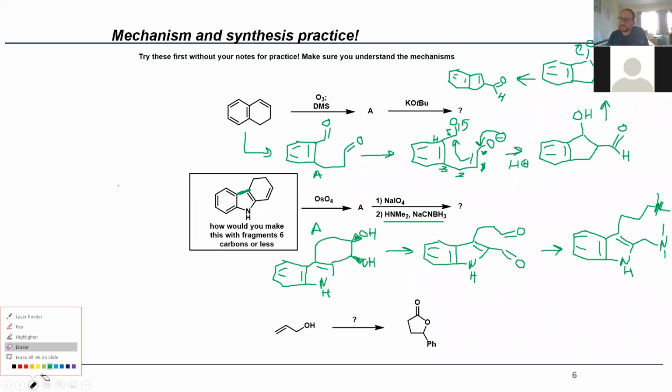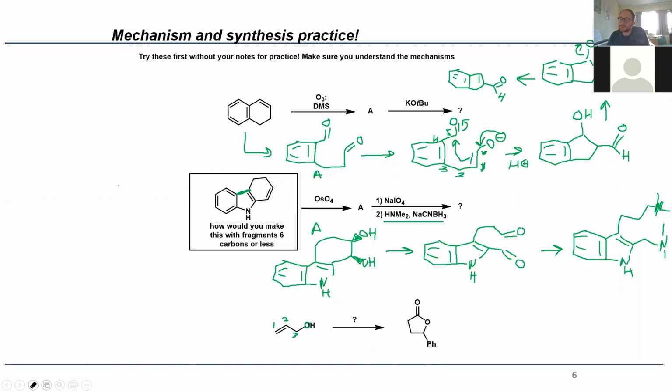So we see we have one, two, three carbons here. I'm going to at least make an assumption for the sake of problem solving that perhaps this hydroxy group is this hydroxy group, but maybe that's not a good assumption. We'll see.